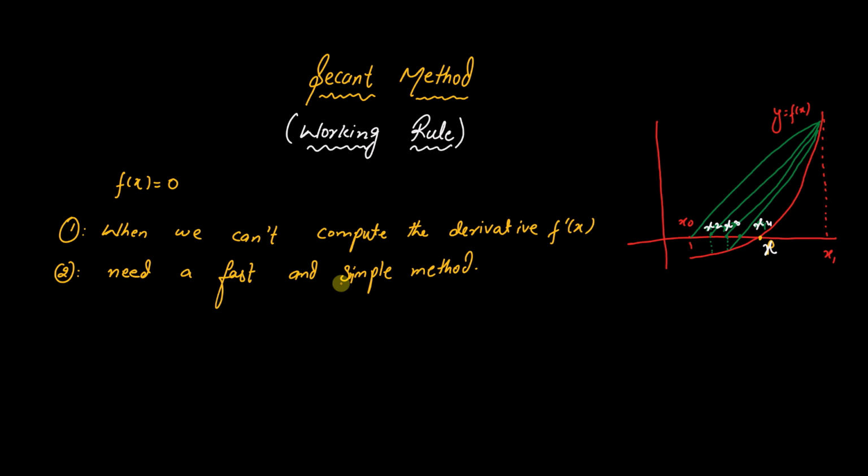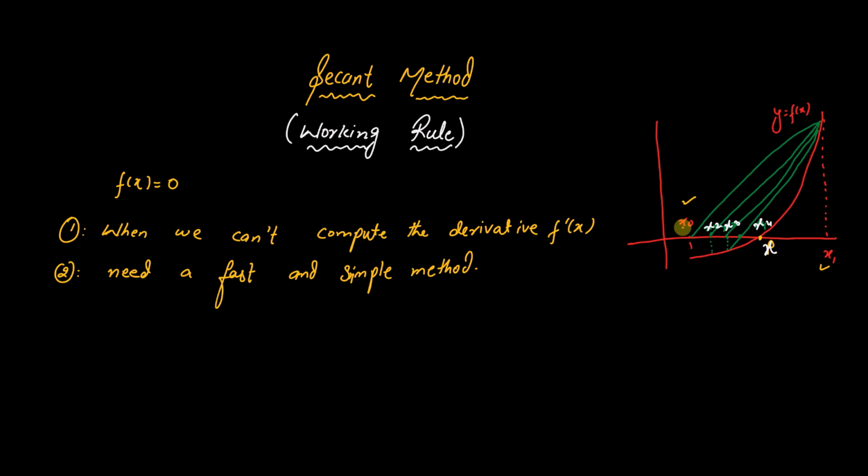So the basic concept of the secant method is that instead of using the derivative like the Newton-Raphson method, the secant method uses two initial approximations. Let's call them x0 and x1. These are two values where the function f of x is defined. We evaluate the function at these two points, and then we draw a secant line through them on the graph of f of x.